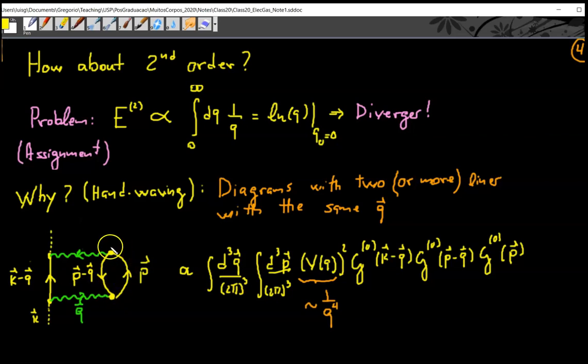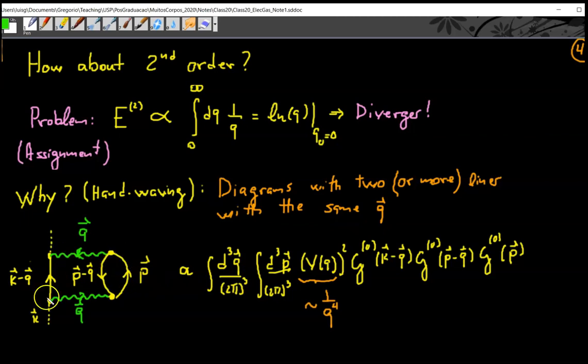And then I have to conserve momentum in this vertex here too. So I'm entering with p and I'm now exiting with p minus q, then I would have to have this interaction line exiting the vertex with momentum q as well. So both interaction lines have the same q.